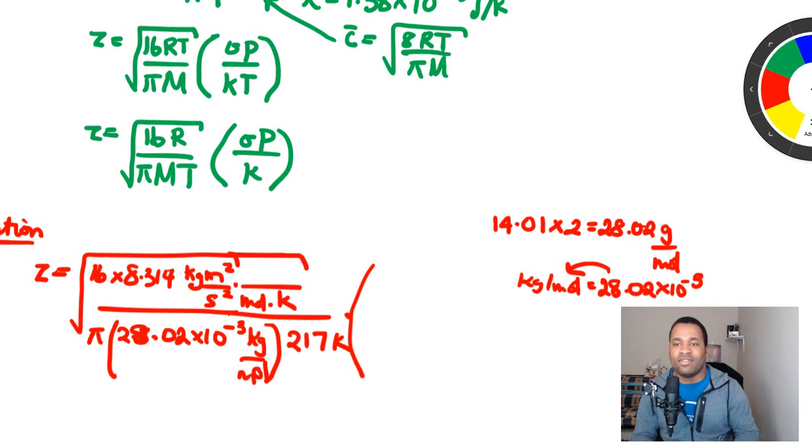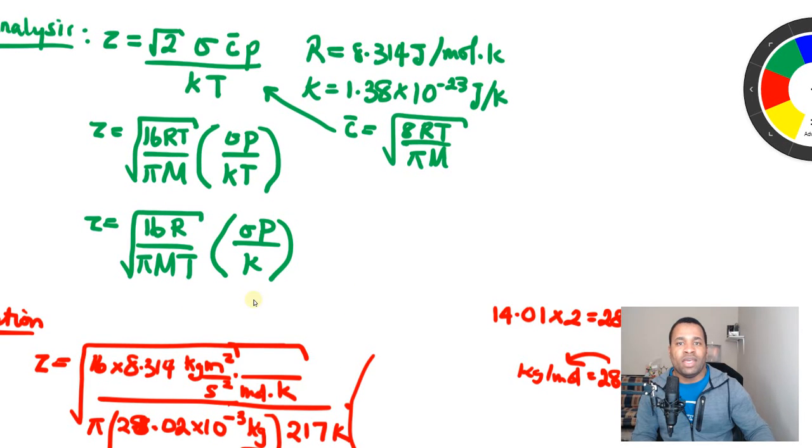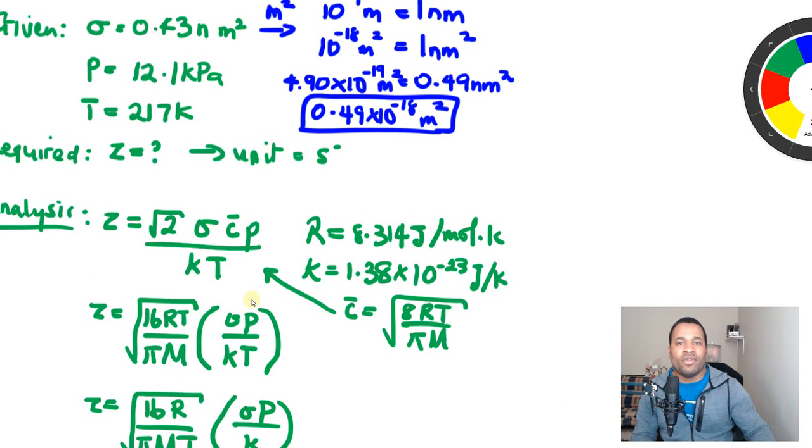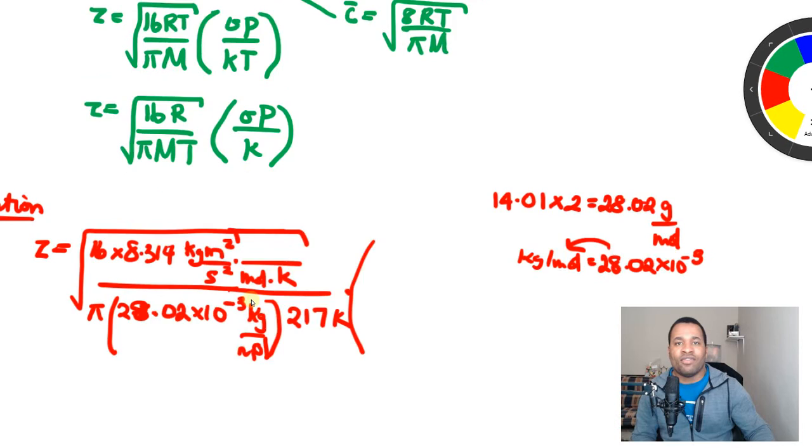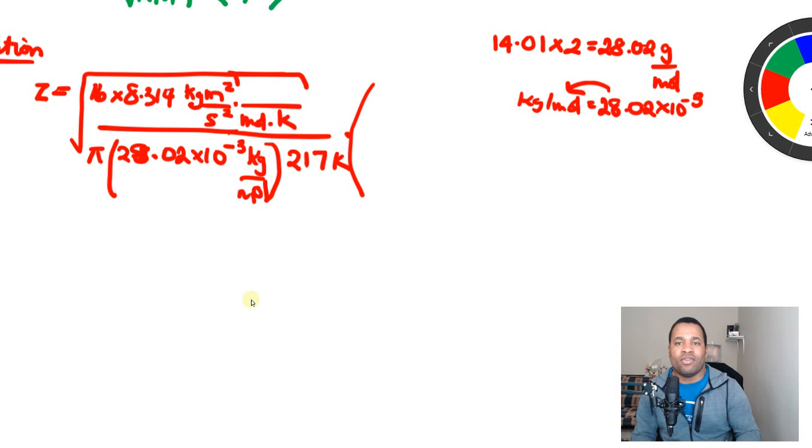So that will be helpful. In this case here, our cross-sectional area, as we noted above, is shown to be 0.49 times 10 to the negative 18 meters squared.